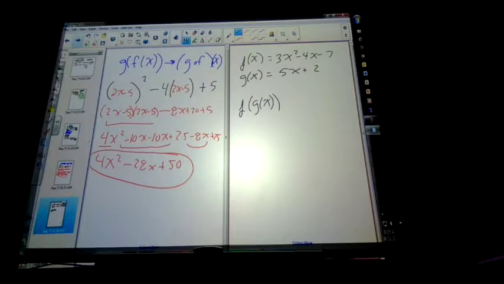Try that one, see if you can figure it out. The far right board. So careful.